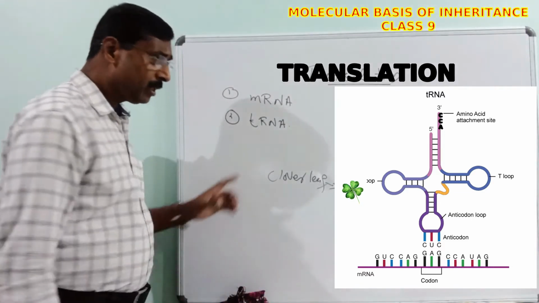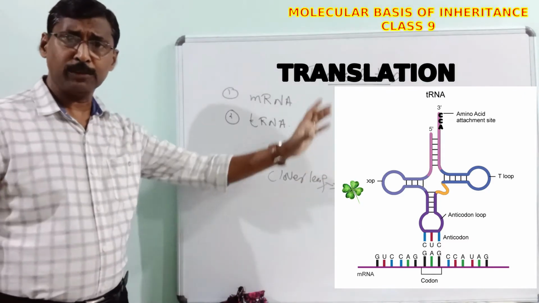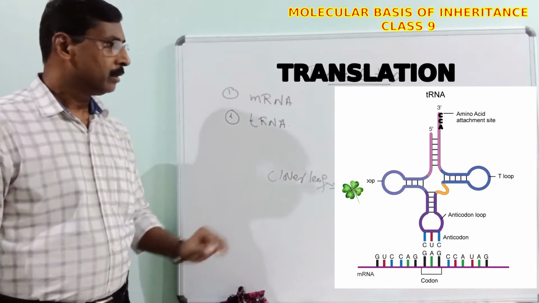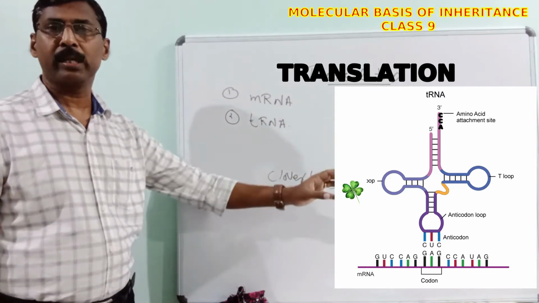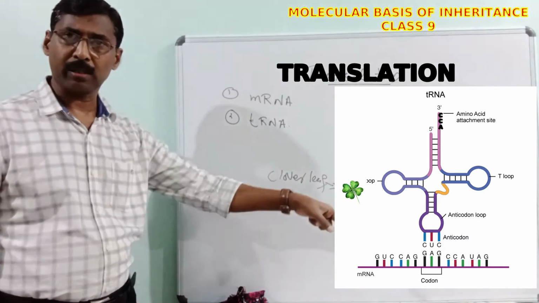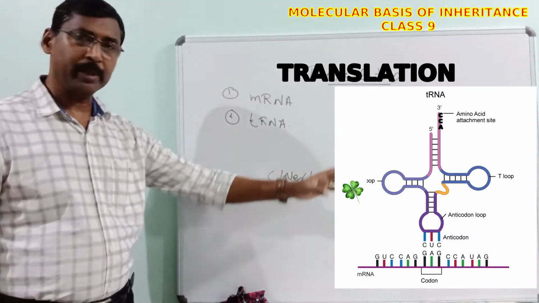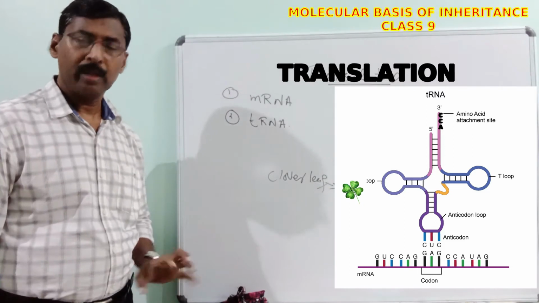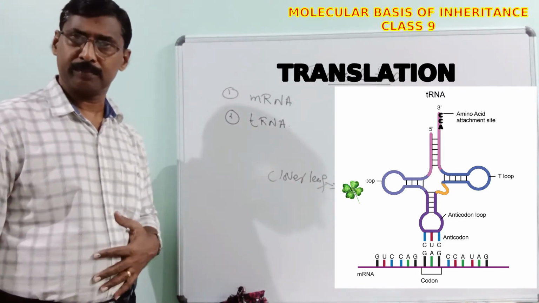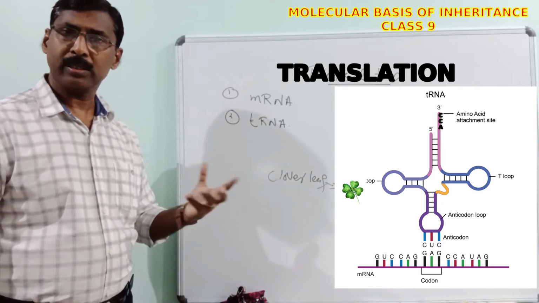When we look at the cloverleaf model structure of the transfer RNA, it looks like a double stranded structure. Complementary base pairing also you can see. But actually, transfer RNA is single stranded. RNAs are single stranded.